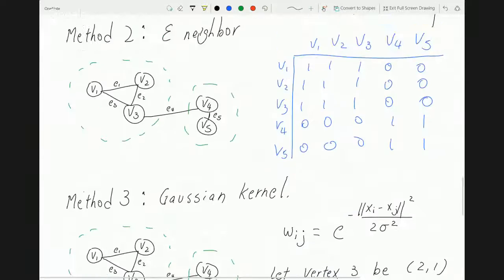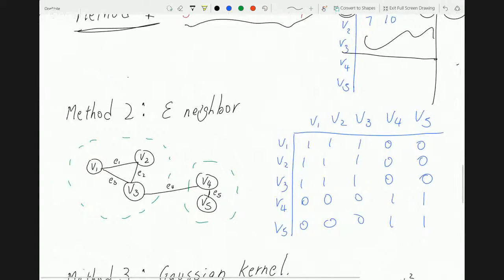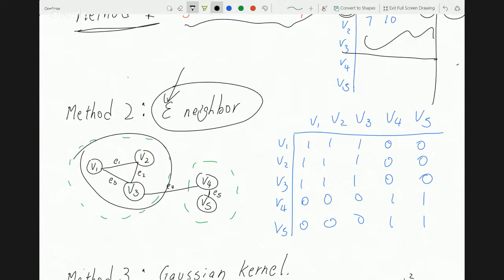But the second approach is you pick some distance, epsilon. And if it's within this distance, then you just say the relationship is 1 or 0. So right here, let's say that this is within the same distance. So you say, okay, V1 is within the same distance. We'll give it 1. V1, V2, 3.